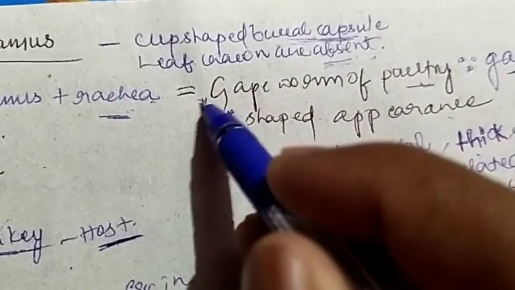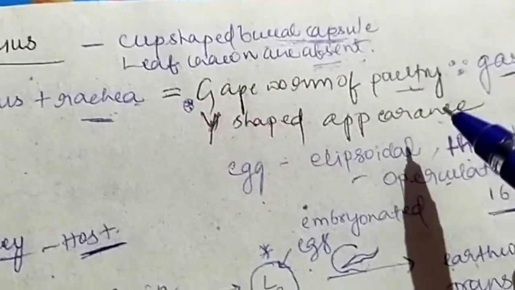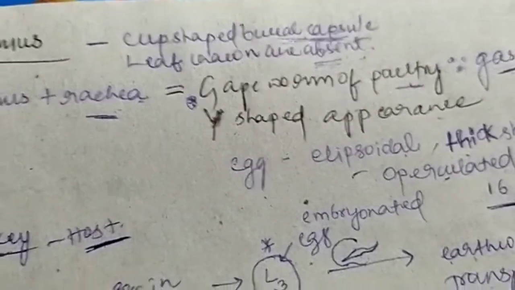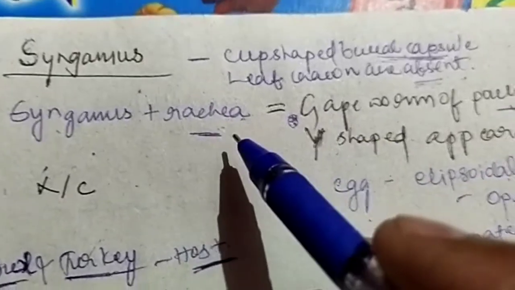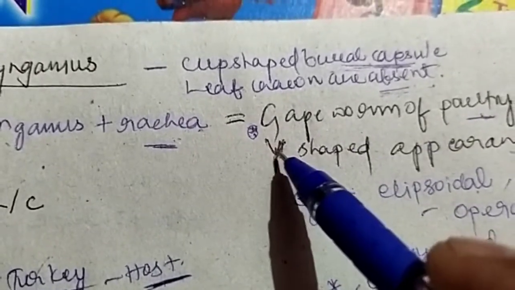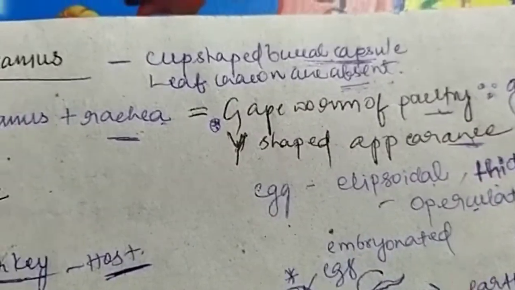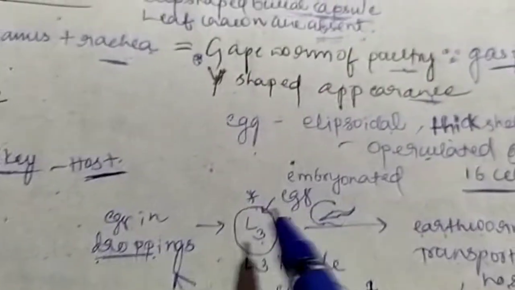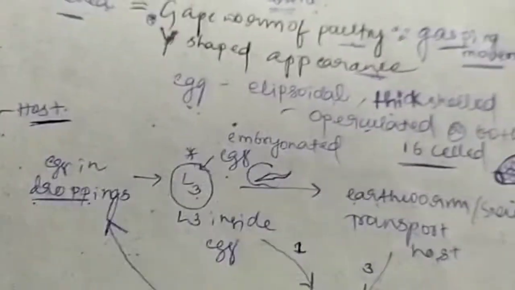This point is important from the point of examination. And whenever these worms are in copulation, they show a Y-shaped appearance. Now let us come to the egg of Syngamus trachea.